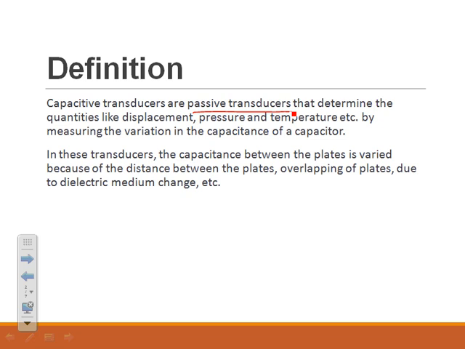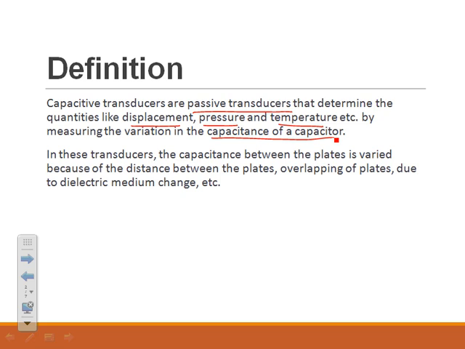So the capacitive transducer is a passive transducer, and it can be used to measure displacement, pressure and temperature by varying the capacitance of the capacitor. The capacitive transducer works on the principle of a varying capacitor.